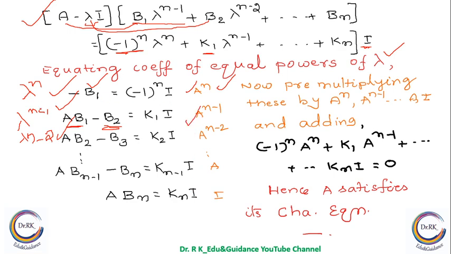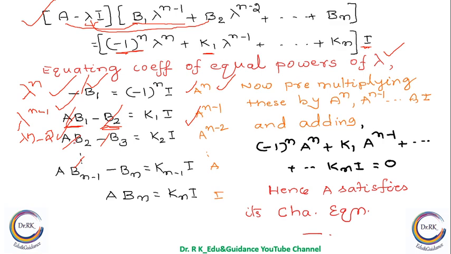Then what happens? You see here, this is A power n B1, and on this side, this becomes A power n minus 1 into A, that is A power n B1. So these two terms get cancelled. Then AB2 A n minus 1, in the next step this becomes A n minus 1 B2. These two terms get cancelled like this.